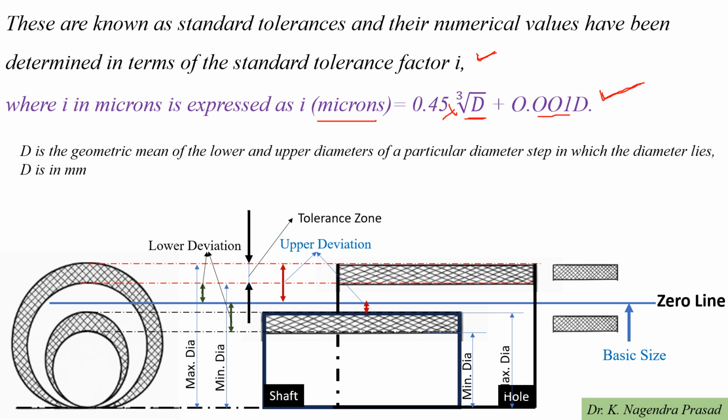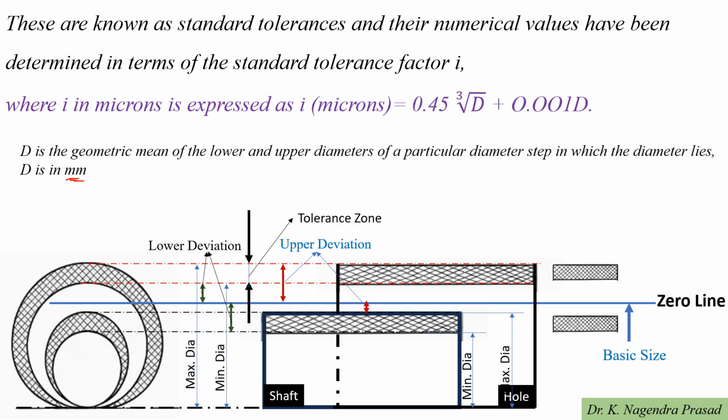Here i is the tolerance factor and is always expressed in microns. Capital D is the geometric mean of the lower and upper diameters of a particular diameter step in which the diameter lies. In general, the diameter of the step is expressed in mm.